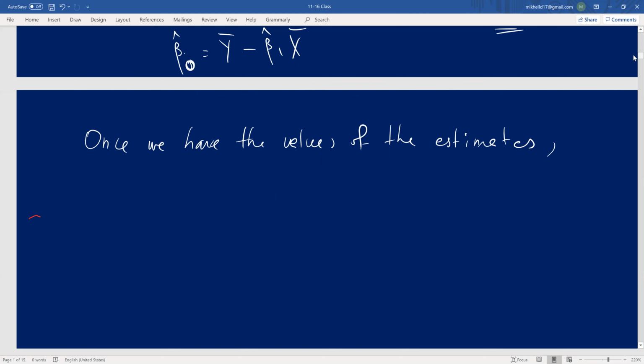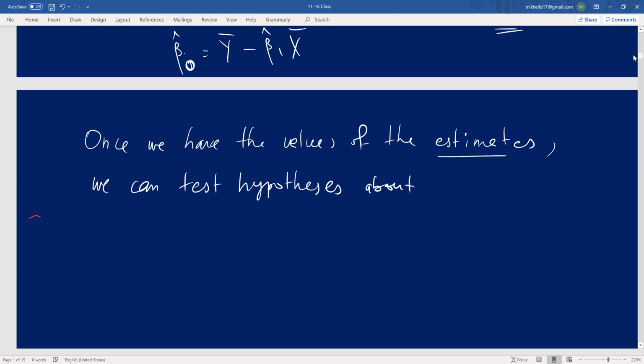We can test hypotheses about the population.